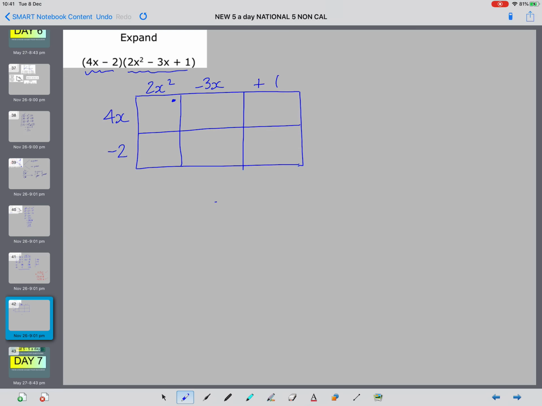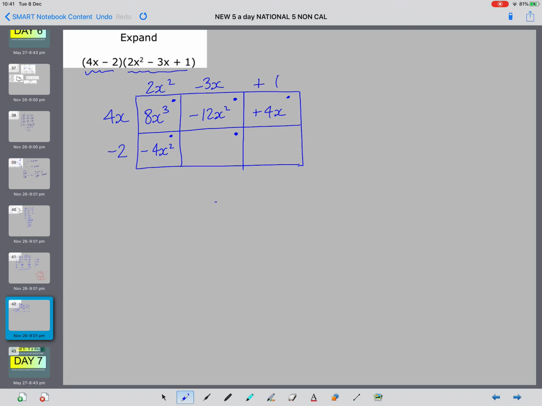So this one here is going to be 4x multiplied by 2x squared, which is 8x cubed. This one is negative 12x squared. This one is a positive 4x. This one is negative 2 multiplied by 2x squared, which is negative 4x squared.